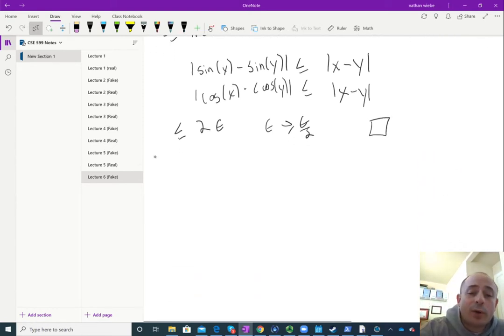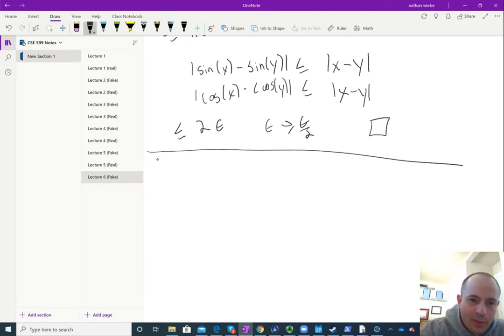So now the next step is building a z rotation.